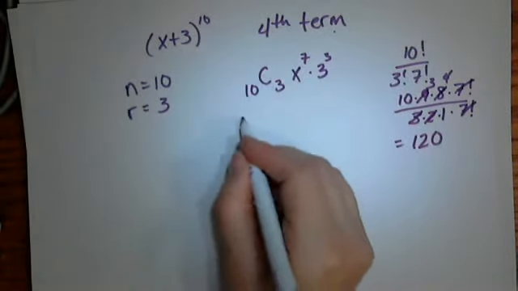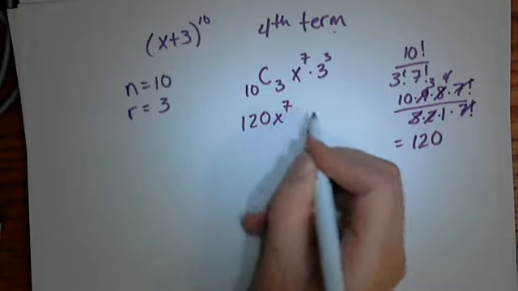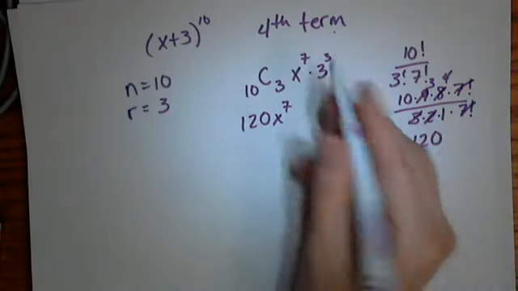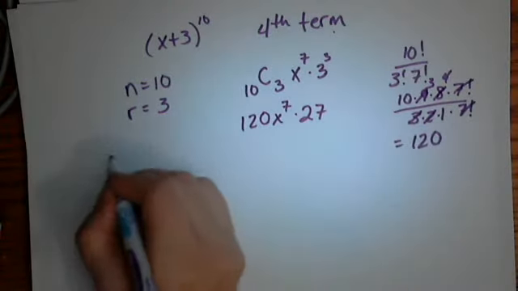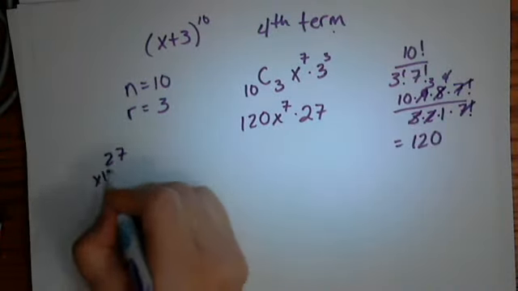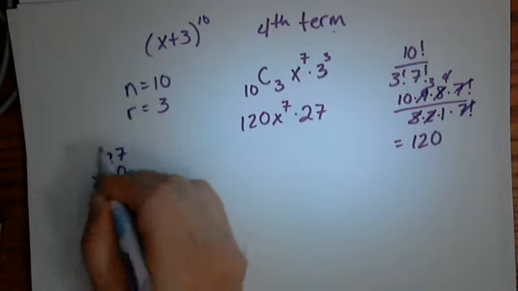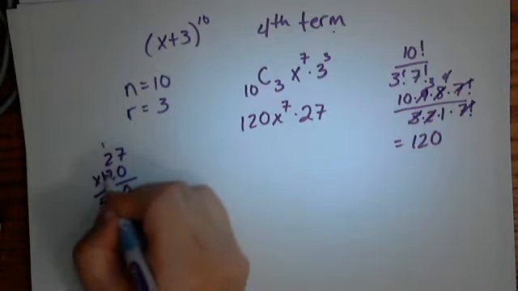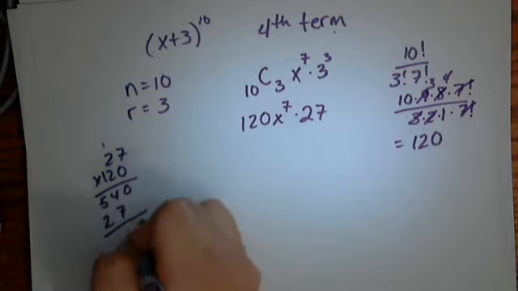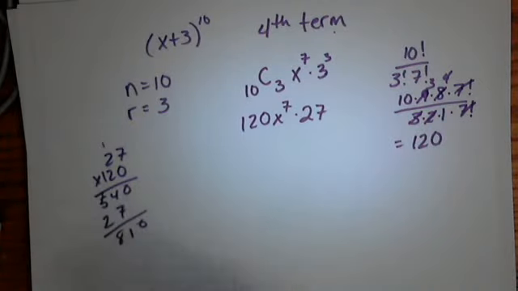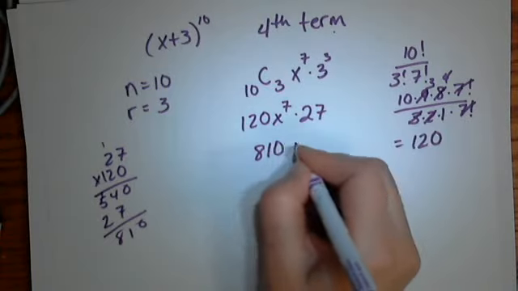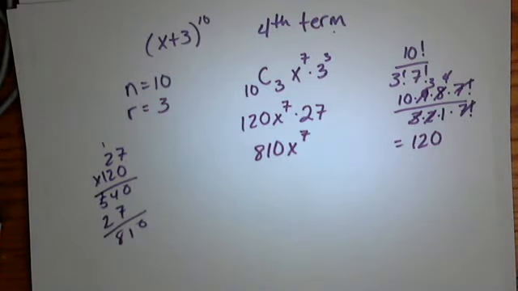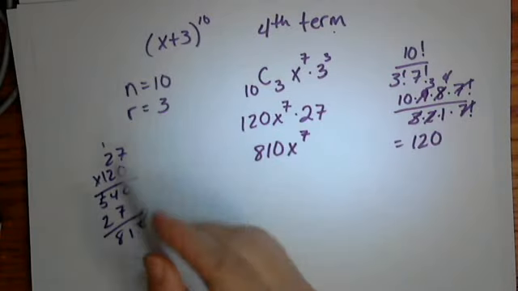So 10 choose 3 is 120 x to the 7th times 3 cubed, which is 27. 27 times 120 gives 810 x to the 7th as my final answer. And I think I did something wrong here. Hold on, let me double check because that doesn't feel right to me.